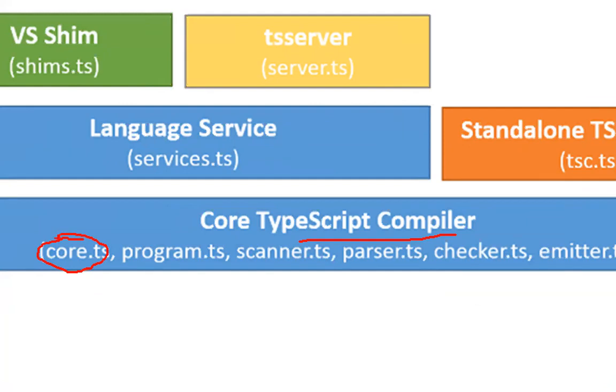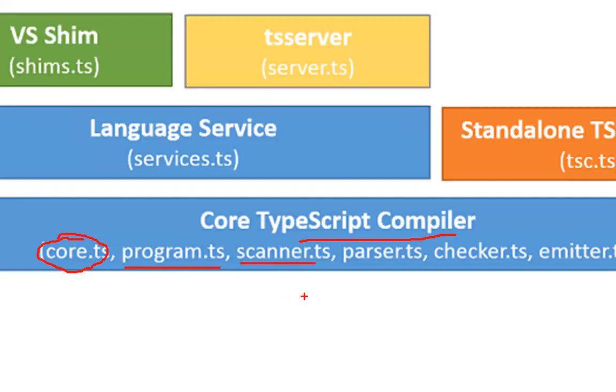Structure means curly brace started, curly brace ended. It will report if there is a problem in the structure. Program.ts verifies the keywords, whether the keywords you are using are reserved keywords or not.